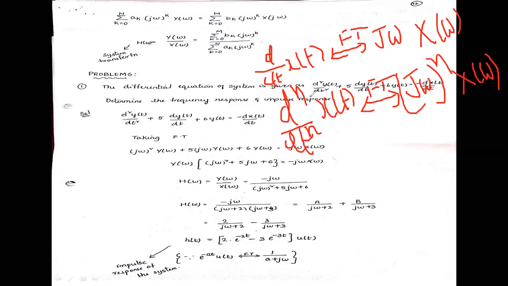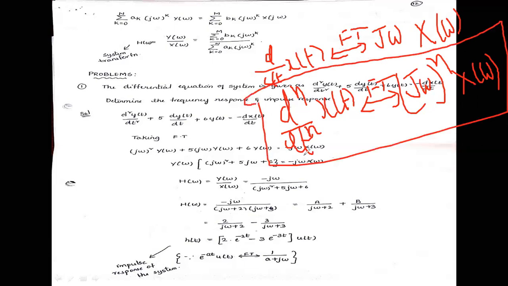Okay, my dear students. Here, whatever n is, either j omega square, j omega cube, or j omega power 4, use this function in the differential equation directly to find the Fourier transformation. You may get a little confused using the differential equation, but if you remember this, it is useful further for ECE students.